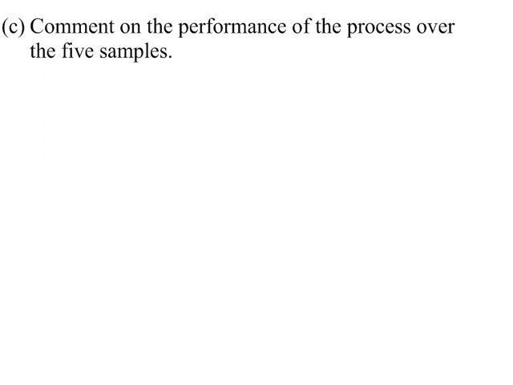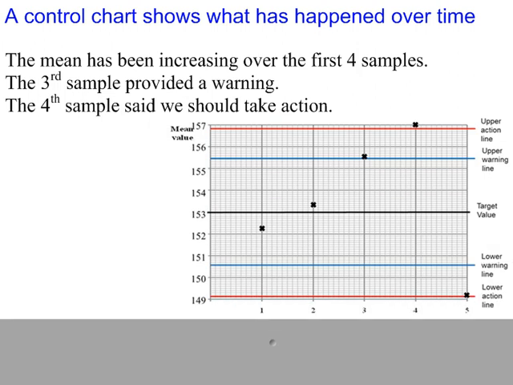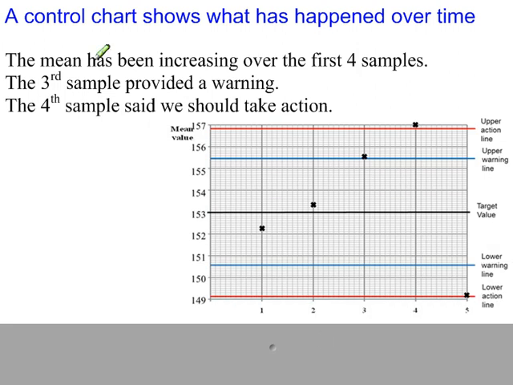Part C: comment on the performance of the process over the 5 samples. The purpose of a control chart is to show us what has happened over time, so we can look for any trends. So we can see that the mean has been increasing over the first 4 samples.